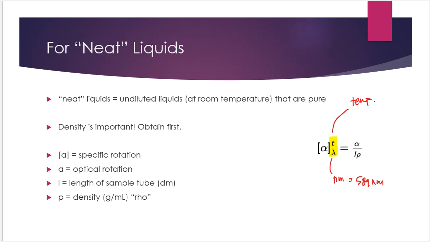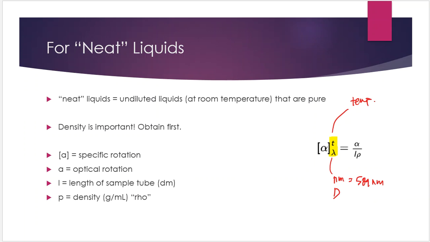So we want to make sure that we at least pay attention to that as well. For the most part, it is 589, and for the most part, we said that a D is stamped there, and that D means sodium D lamp, and that D represents 589 nanometers. So these two numbers we've already talked about. Some of the others, though, not so much.